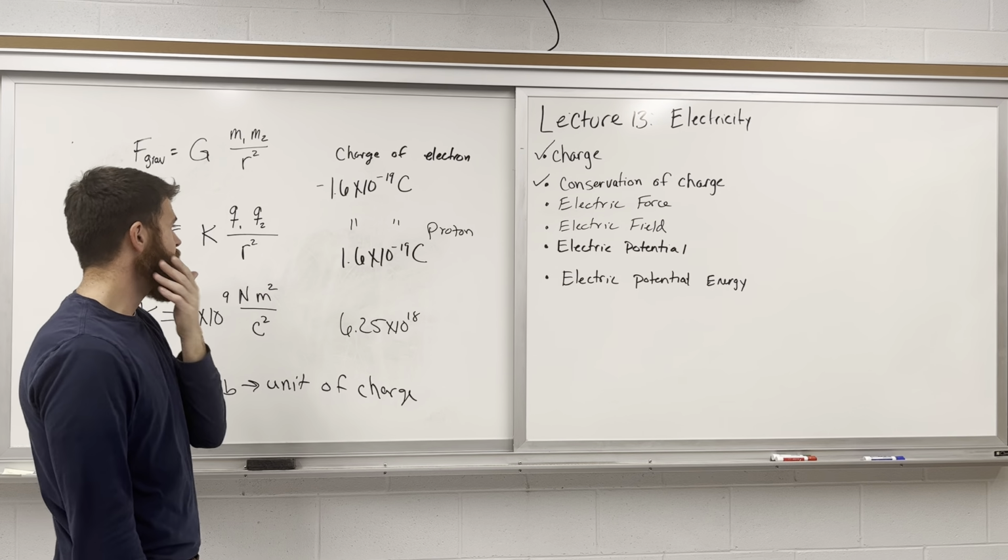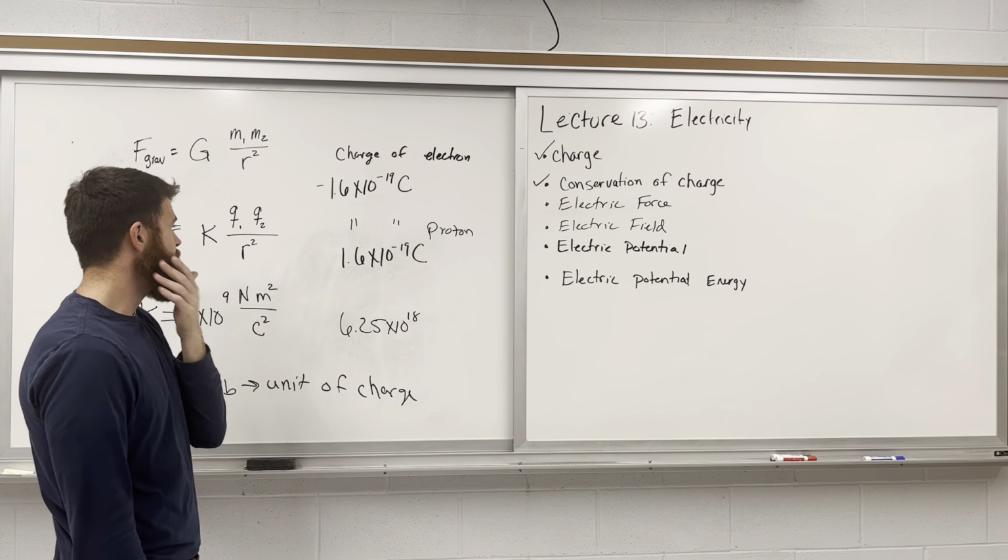If Q1 and Q2 are like charges, then the force is repulsive. It doesn't matter if they're both negative or both positive, they'll repel each other. If Q1 and Q2 are opposite charges, that same force, the same magnitude, is attractive. They will attract each other. If you increase the distance between the charges, the force that they exert on each other drops off with 1 over the distance squared.